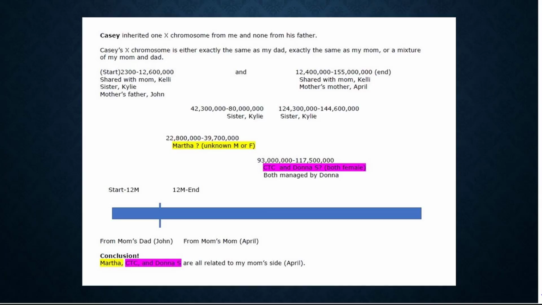So Casey inherited an X from me and none from his dad. So either the X chromosome is exactly the same as my dad or exactly the same as my mom, or a mixture. Do you see how it helps to put people's names or their relationships in there to determine, okay, this person is a match, but it would have been the mother's father, the mother's mother, or one or the other, or both.